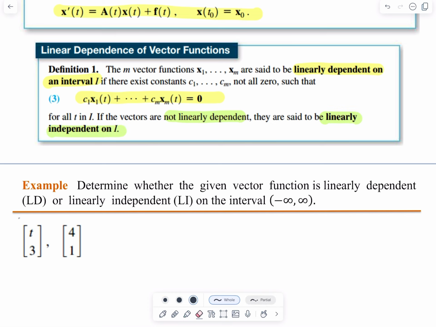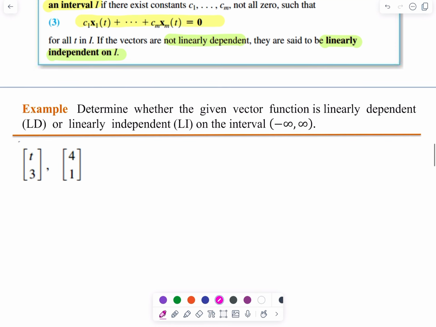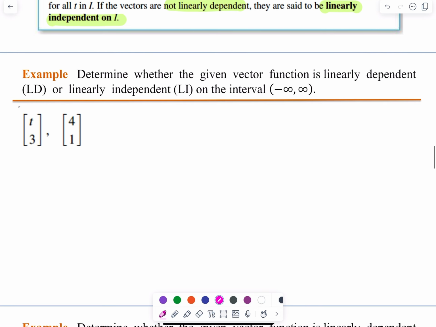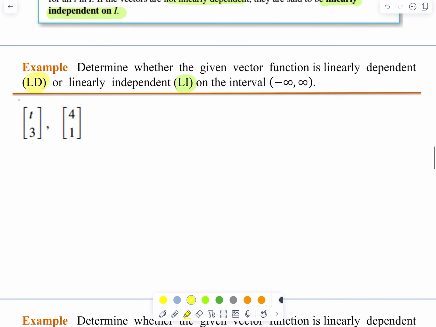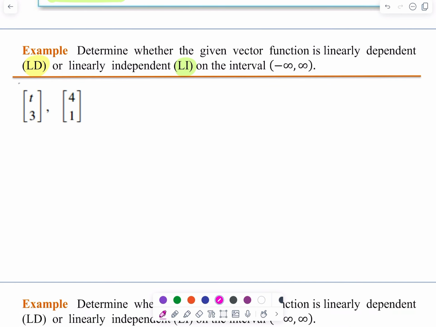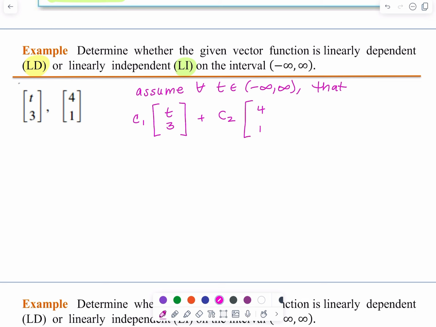So let's go ahead and take an example here. Determine whether the given function is linearly dependent or linearly independent, and we'll denote those with LI and LD, on the interval negative infinity to infinity. So we assume for all t an element of negative infinity to infinity, that c1 multiplied by the vector (t, 3) plus c2 multiplied by our vector (4, 1) is equal to (0, 0).